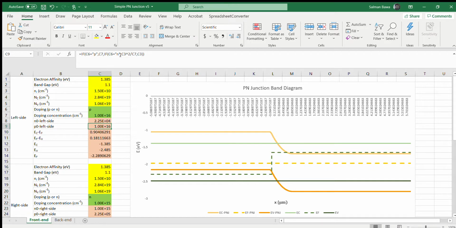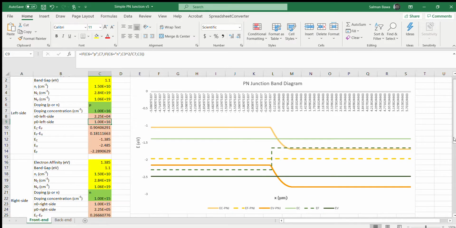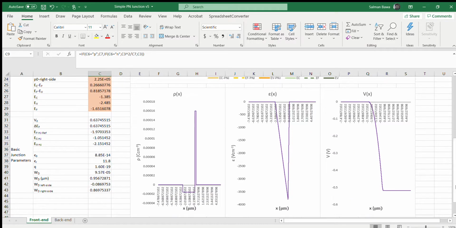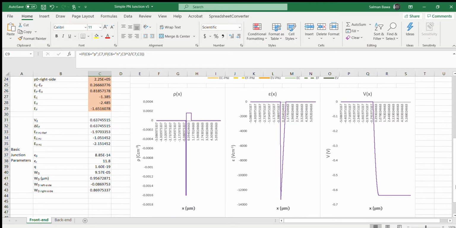So as we would expect, this would be opposite. The energy levels are going to drop in such a way that the P side width of the depletion region is much less than the width of the depletion region on the N side, or in this case, the right-hand side. And this is also verified by the plots of the charge density, the electric field, and the potential.